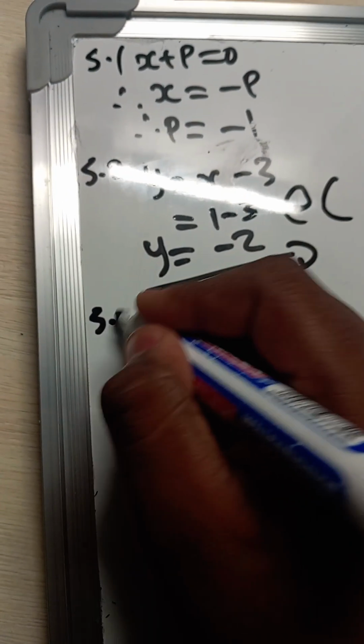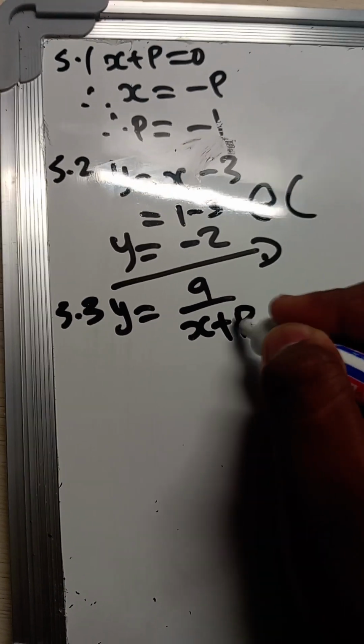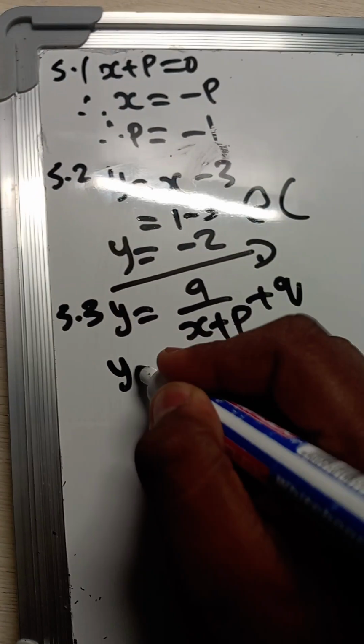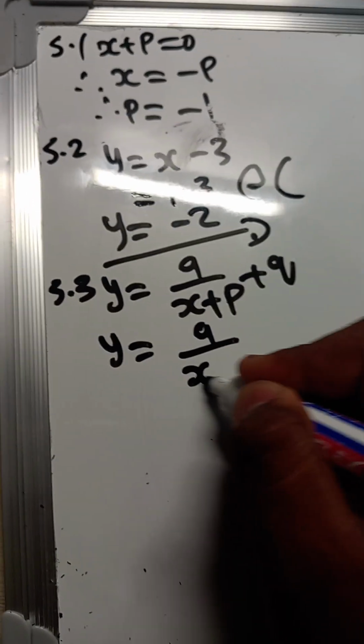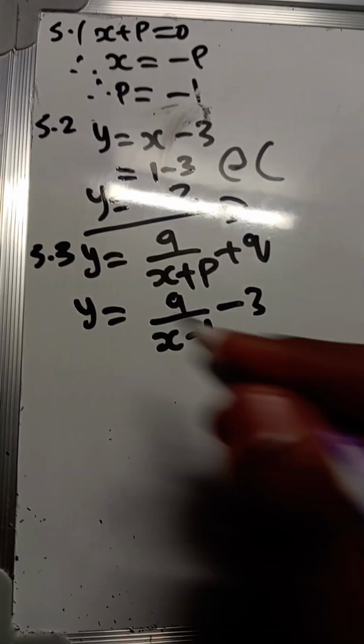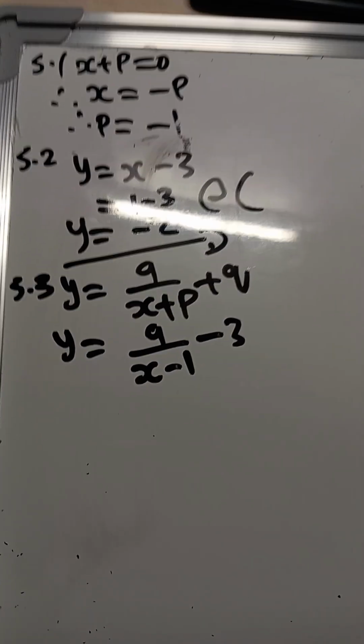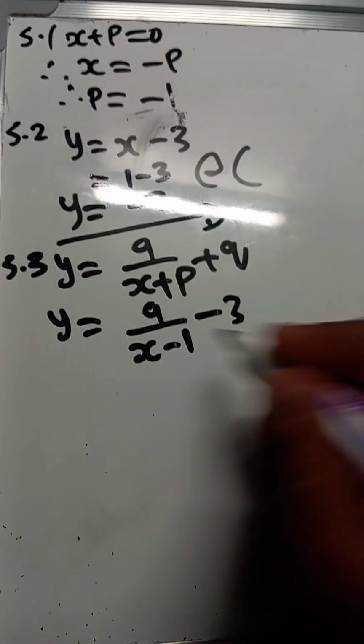Now calculate the value of a. You know that y equals a over x plus p, plus q. So y equals a over x minus 1, minus 3. Now let's just choose a point: 0 and 1.